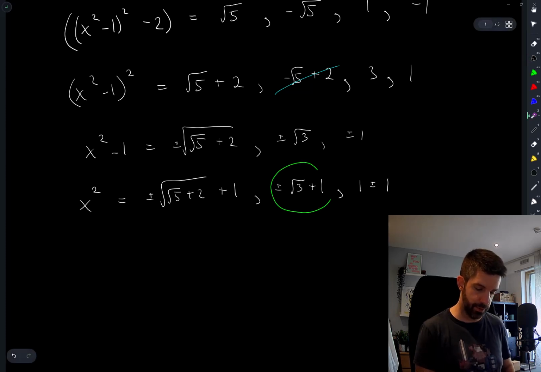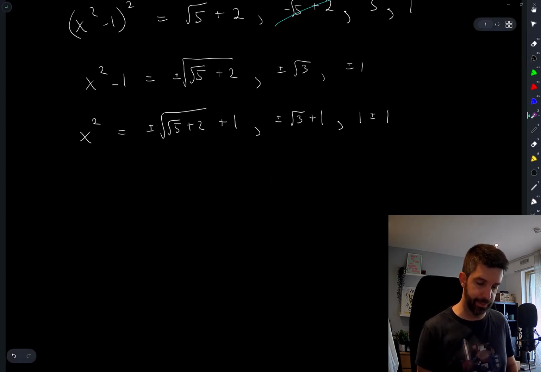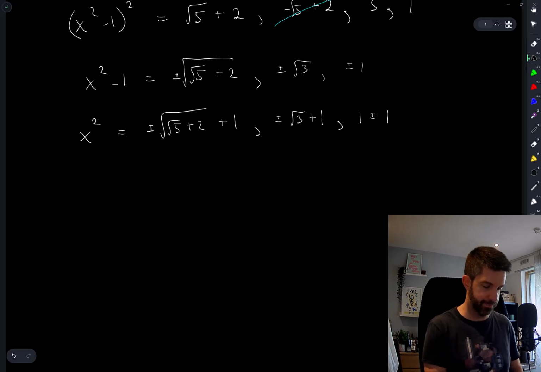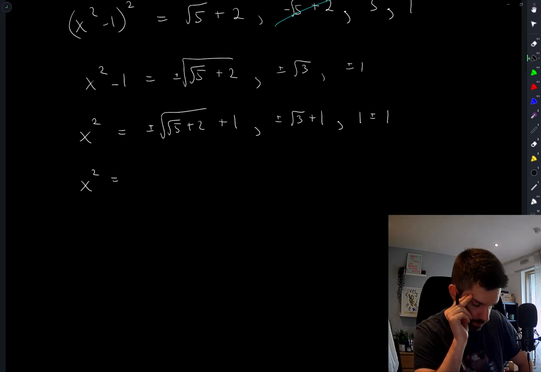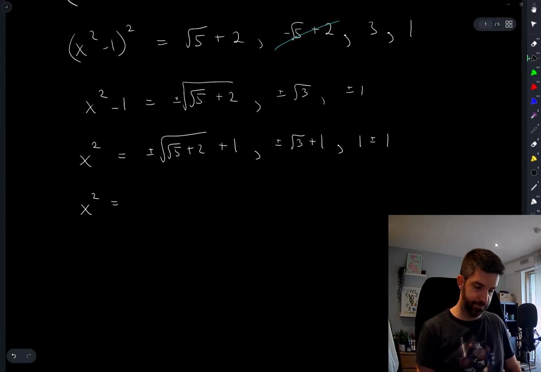Okay, so we have another possibility of getting a negative number. So let's cross off the ones that, oh, a few of these could be negative, couldn't they? So the negative sign here gives us a problem.